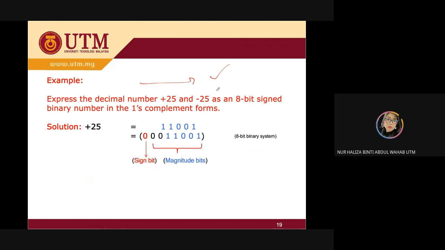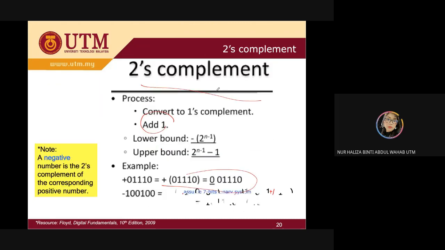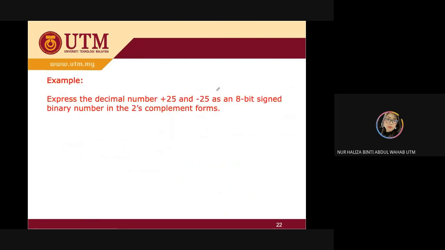This one is an example for first complement, second complement. Okay, for second complement, a similar example. Let's see for 25 positive. I don't want to look because it's totally similar. 25 is 1, 1, 0, 0, 1. Because it is 8-bit, I need to put 0, 0, 0 in front. This is 8-bit, negative in front.